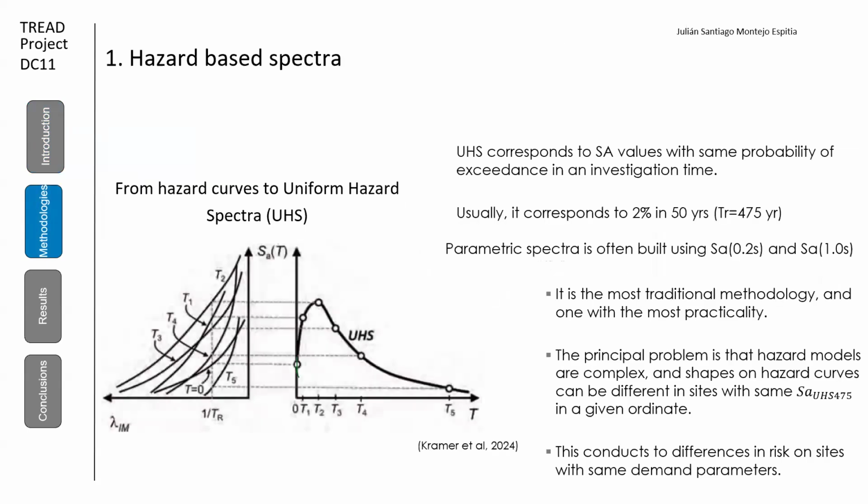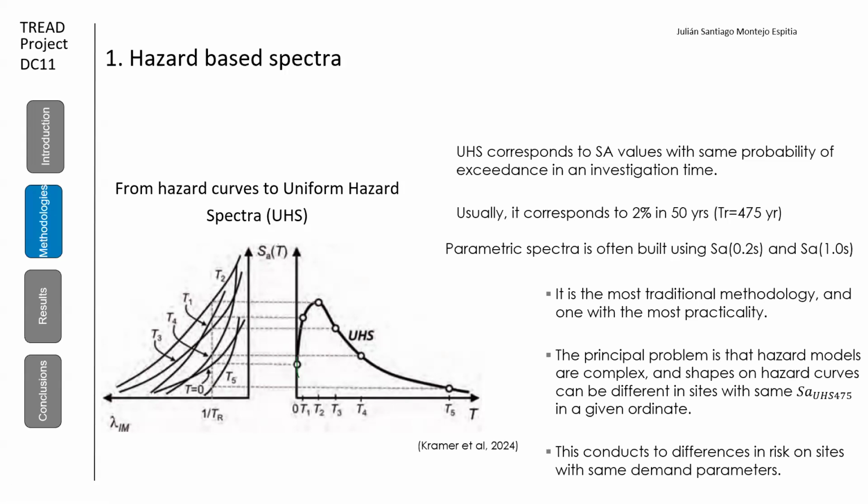The first methodology, of course, is the uniform hazard spectra. So we estimate the different spectral accelerations for a given return period. For instance, in PGA and at 1 second, 2 seconds, and all the ordinates you want, we can estimate using the PSHA all the different intensities for a given return period.